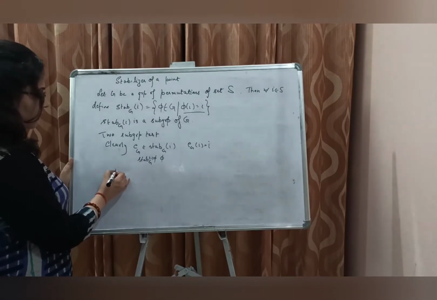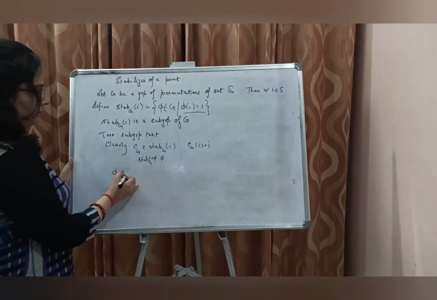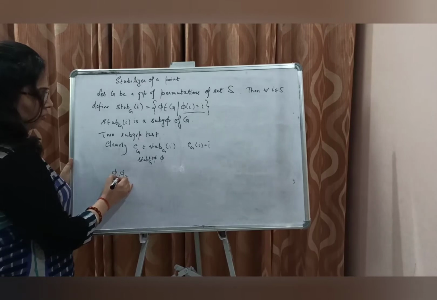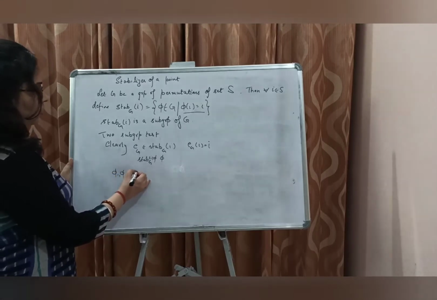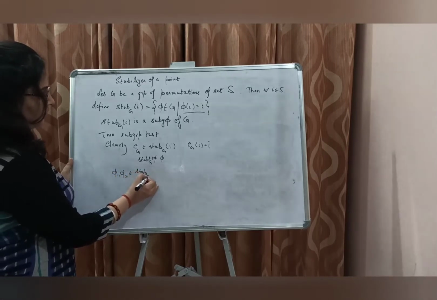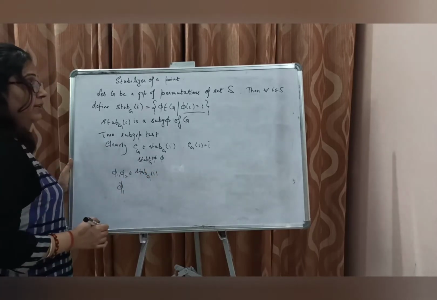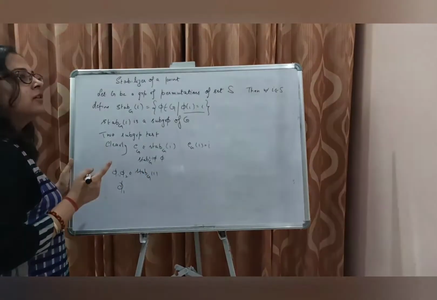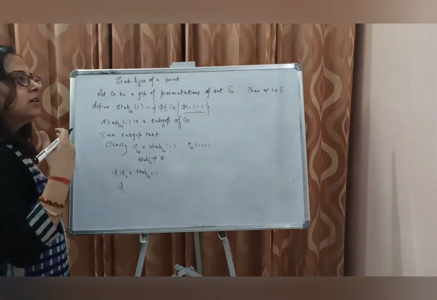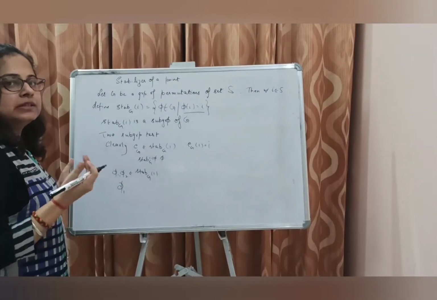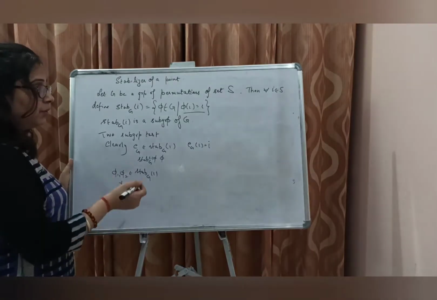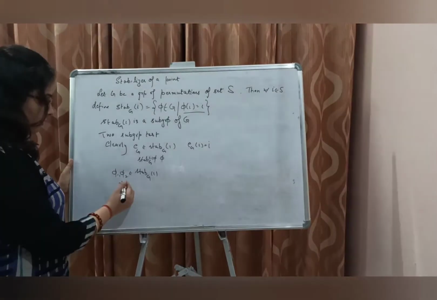Now let phi 1 and phi 2 be two permutations belonging to the stabilizer of I in G. Now let's calculate. Note that whenever we talk of permutations, the operation being applied is function composition, because permutations are nothing else but functions.